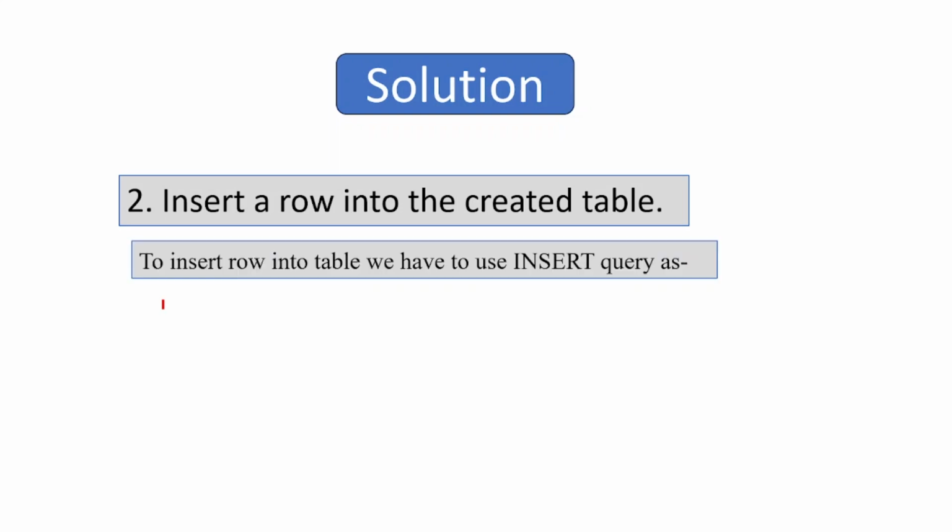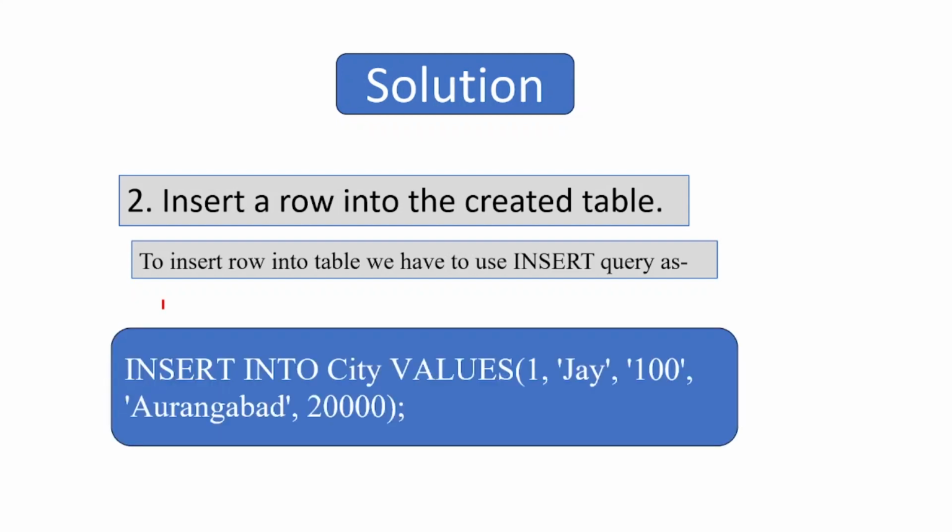Okay, now solution number 2, insert a row into the created table. To insert a row into the table, we have to use the insert query. Insert a row means what? Inserting data into the table, data with respect to a particular row. So here: insert into city values. Now these values we have to specify according to the columns and their data types.